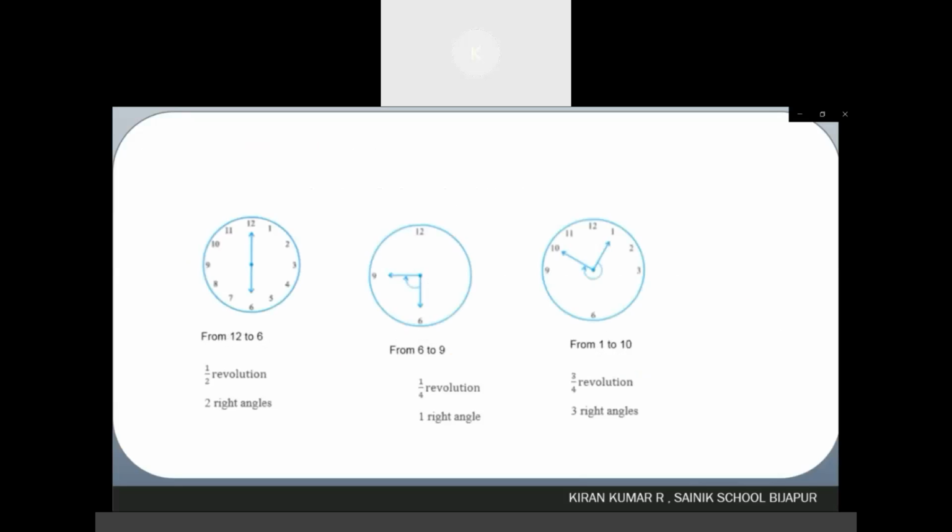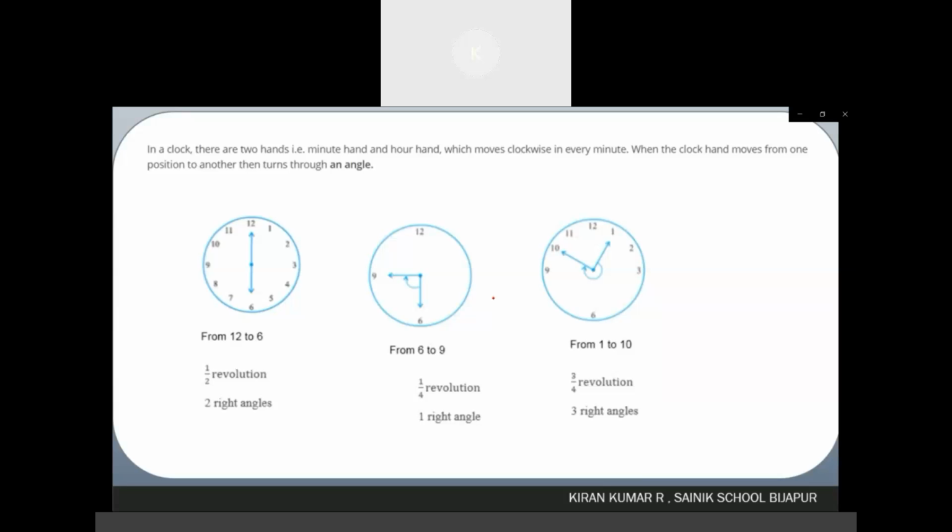Now I want you to observe this clock. In a clock, there are two hands, a minute hand and an hour hand, which move clockwise every minute. When the clock hand moves from one position to another, it goes through an angle and forms some angle.